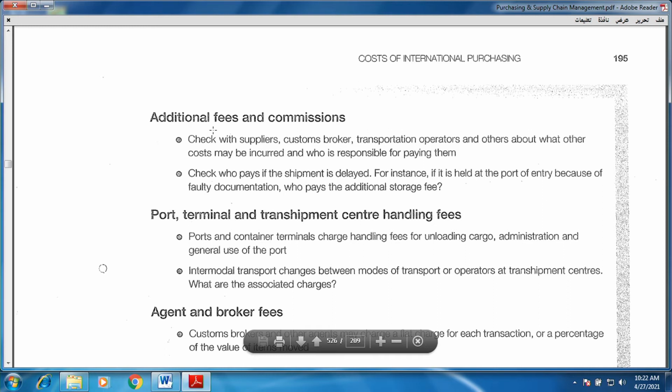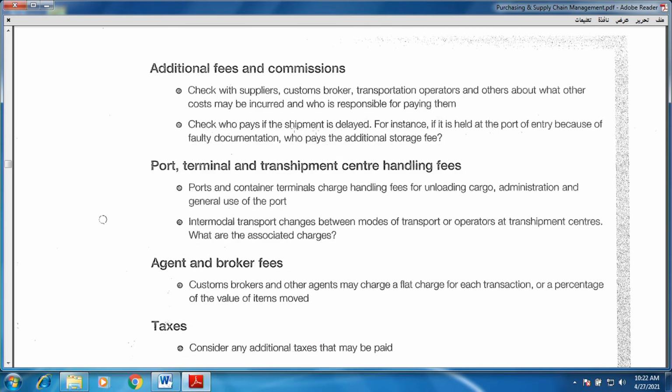Another item is the additional fees and commissions. When we do the international purchase, there are customs brokers and transportation operators in between. We need to pay money to people in between that do the paperwork and the governmental documentation procedures. If the shipment is delayed, we need to pay extra money.